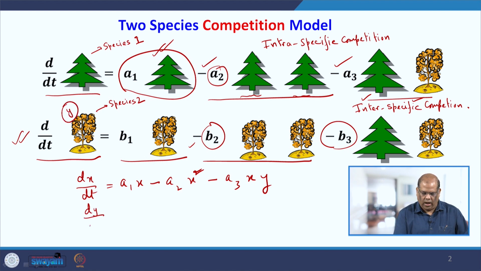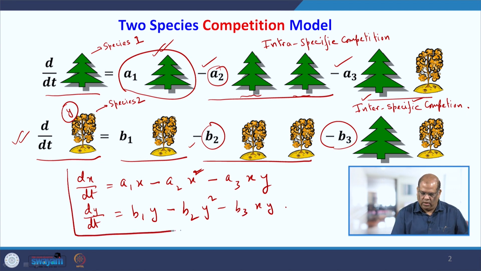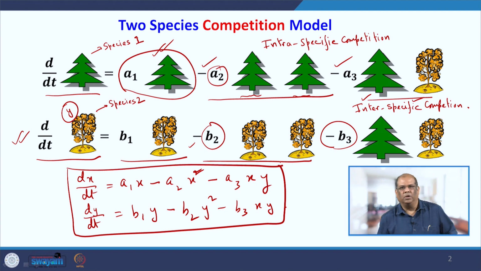So, dy/dt equals b1 y minus b2 y into y, so y squared, minus b3 x into y. So, this is a typical competition model between two species.